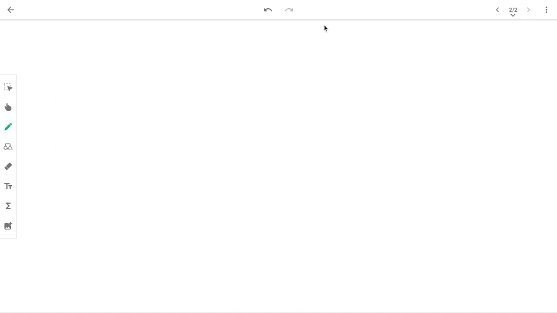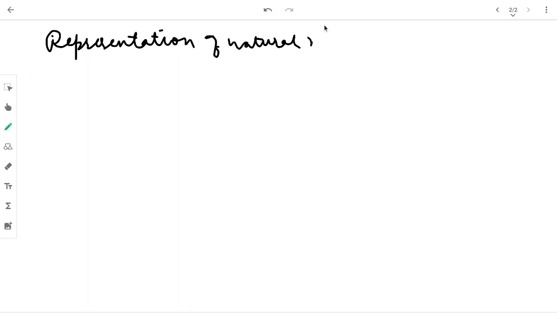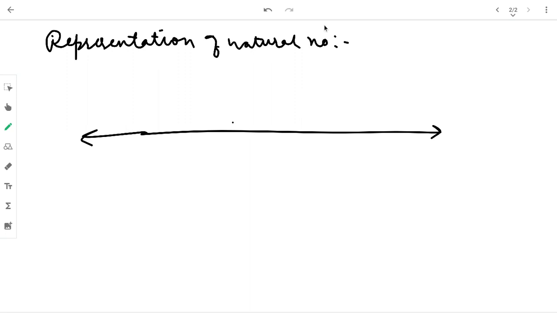Next is representation of natural number. This is 0, this is 1, this is 2, this is 3, this is 4.